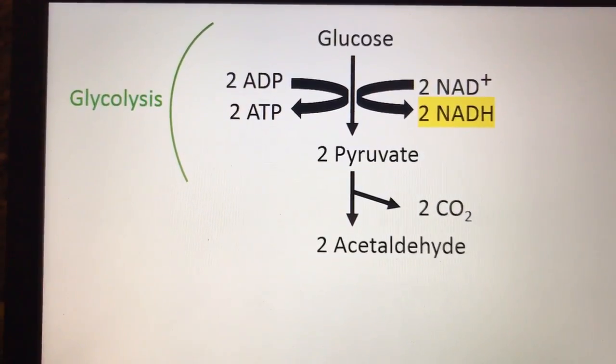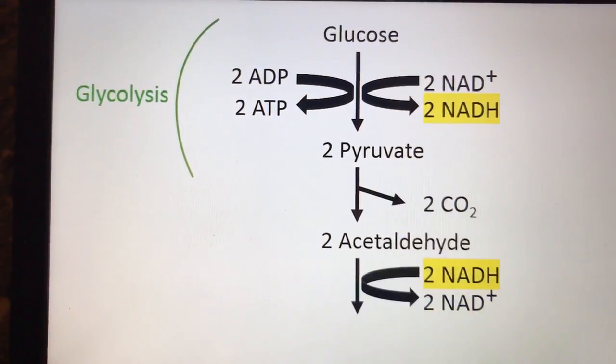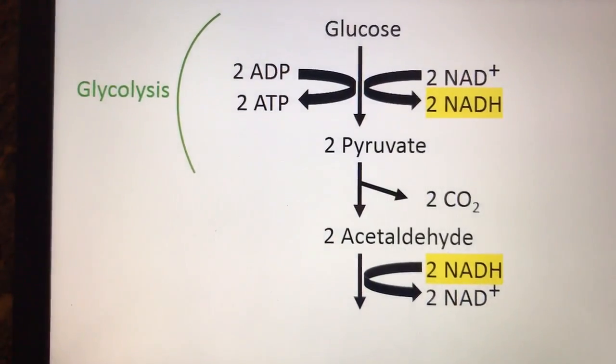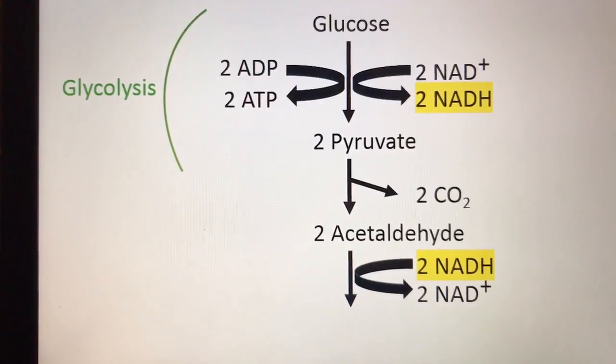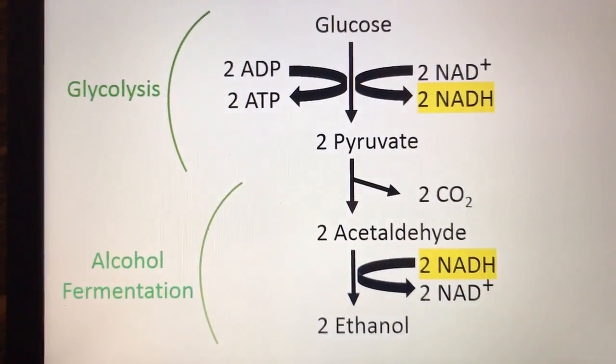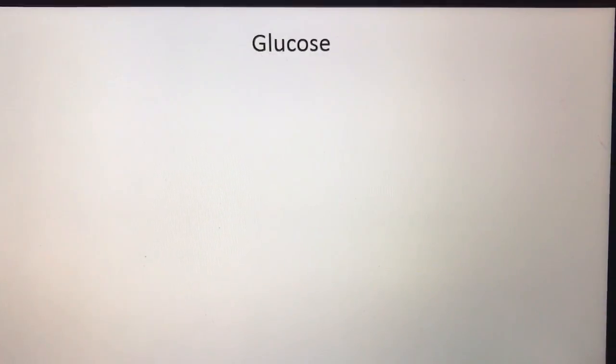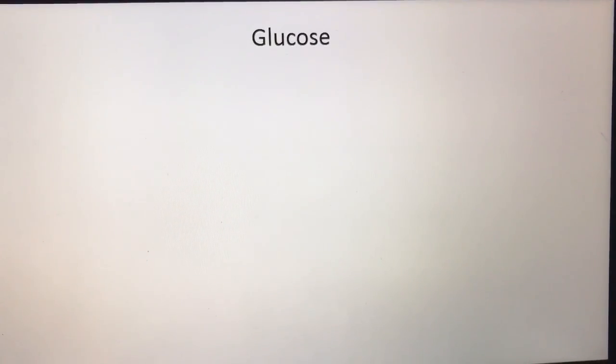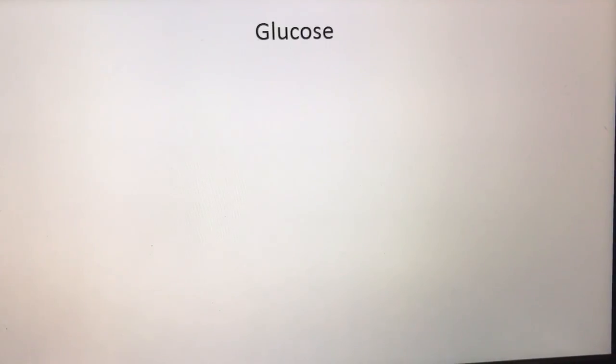Then the energy from the 2 NADH is used to break down acetaldehyde to ethanol, and this process is called alcohol fermentation.